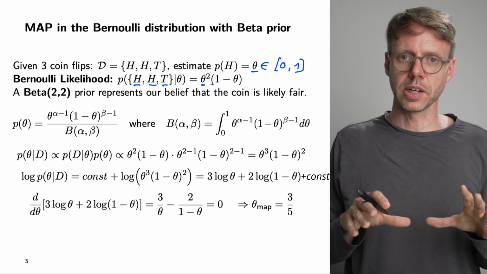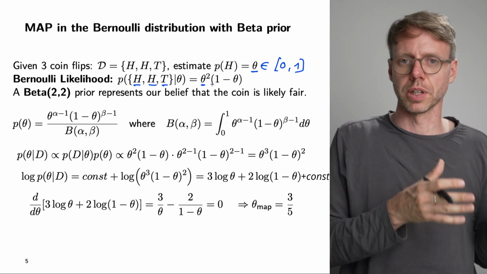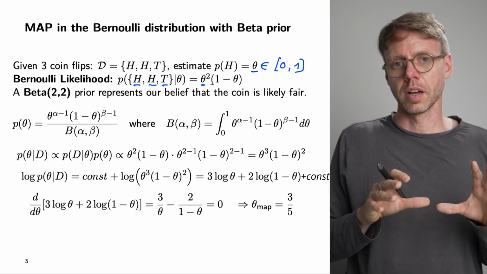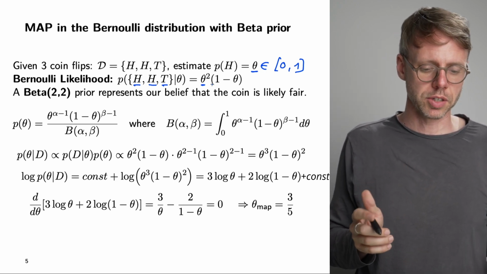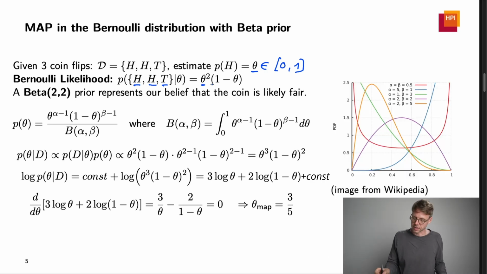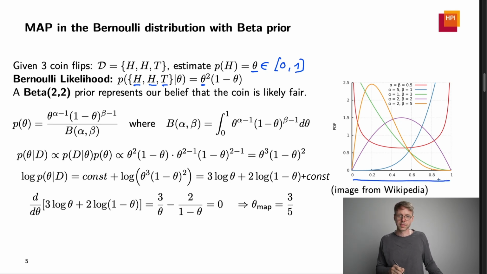To do Bayesian inference, we also need a suitable prior distribution. For a Bernoulli likelihood, we could of course use a simple uniform prior, but a very frequently used prior distribution for Bernoulli is the so-called beta distribution. Here we see a few examples of beta distributions. So the beta distribution has a value range from 0 to 1, as our parameter theta also has.